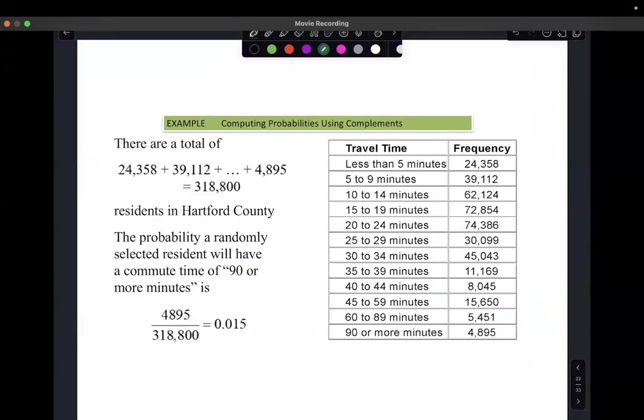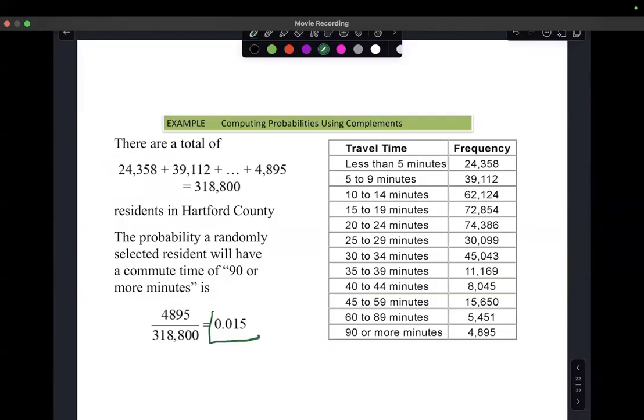Okay. Sometimes we use the complement rule because it's just easier math. Like for example, here, we have the commute times for a whole bunch of residents in Hartford County. This shows the frequency of each of those. I'm going to go backwards on this one. We know that the probability of somebody having a commute time of 90 or more minutes is this right here.